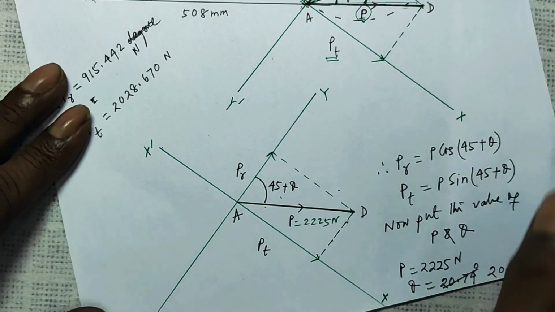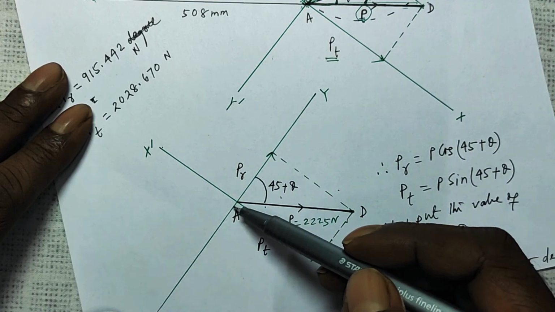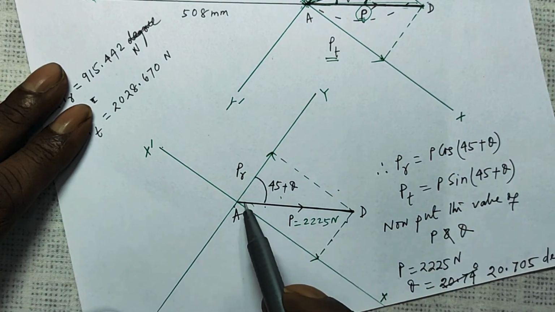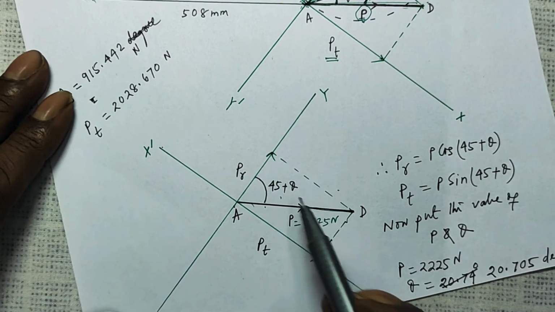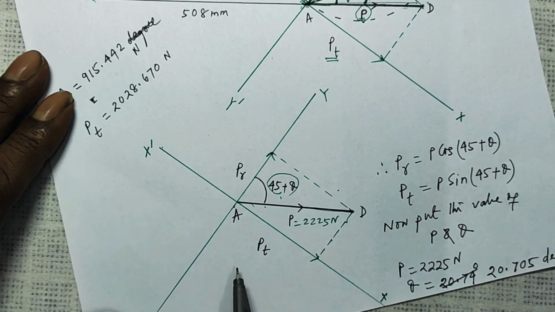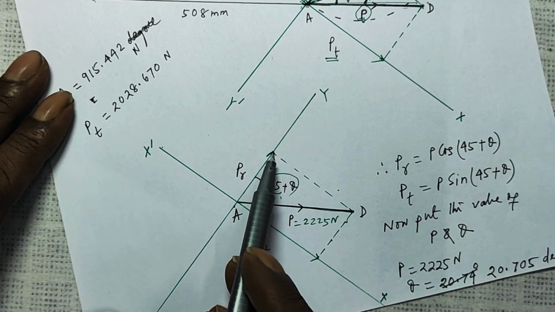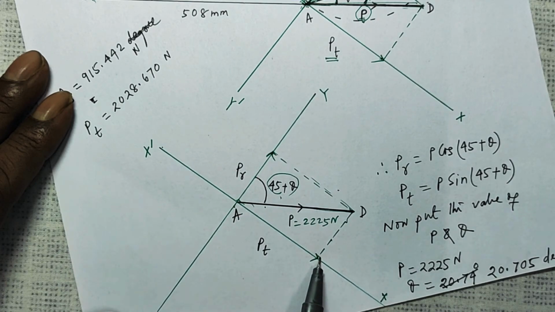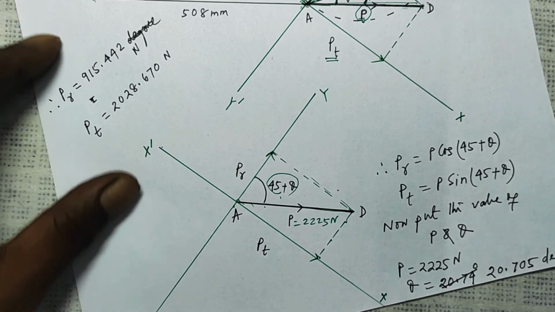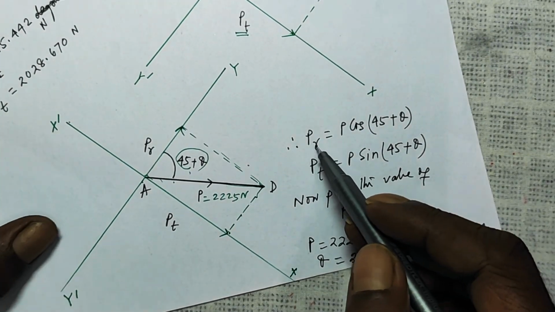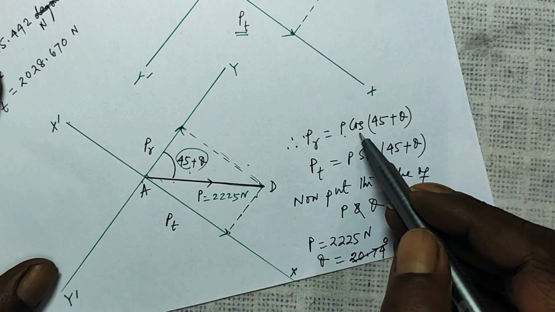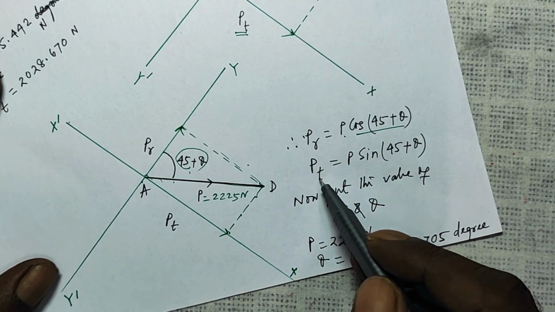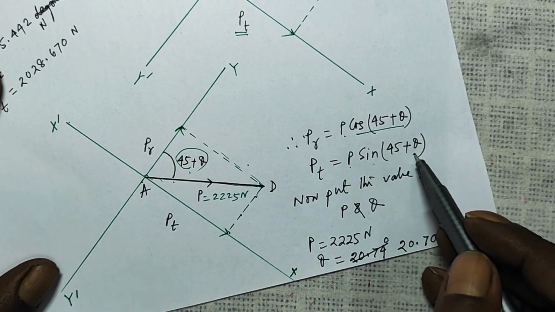Now you can straightaway put: your radial component will be P times cos(45 plus theta), and the component in front of the angle, the tangential component, will be P times sin(45 plus theta).